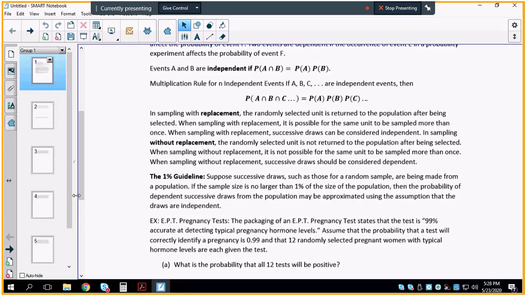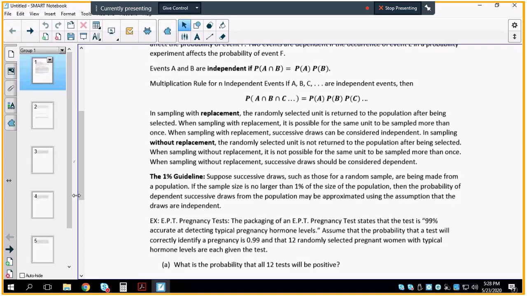So just think about a situation. If you are selecting an item, checking the item and putting it back in the original sample, then the probability of drawing the same item the second time doesn't depend on the probability of drawing the item in the first time, because you have replaced the item, so it is an independent event.